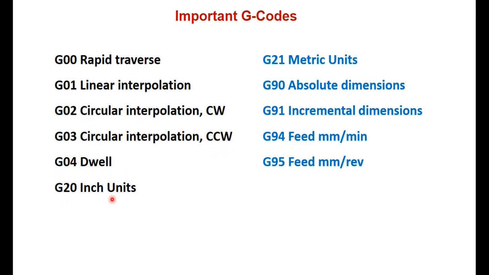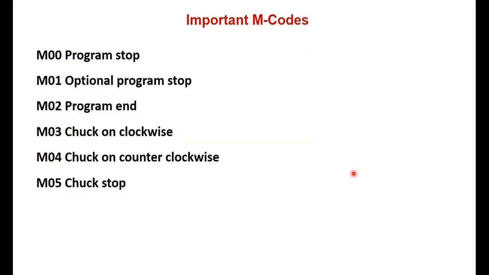G20 when we are entering the units in inches, G21 when we are entering the units in millimeters. If you have to do absolute dimensioning, G90; G91 is incremental. I use G94 or G95 to give the feed either in millimeters per minute or millimeters per revolution. Next are a few M codes.